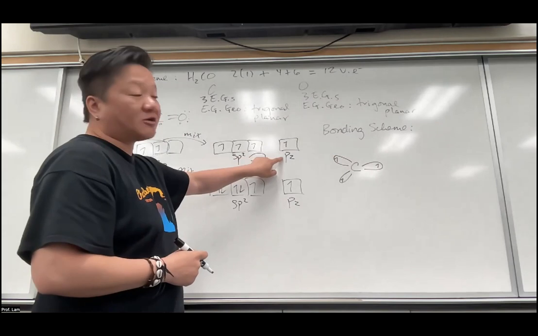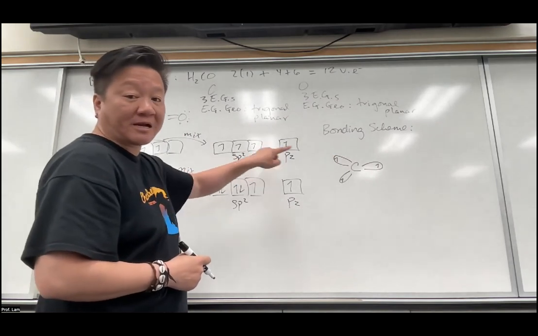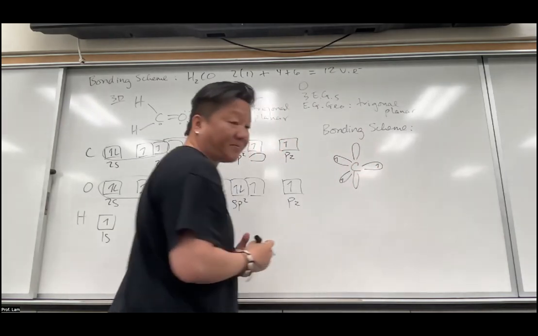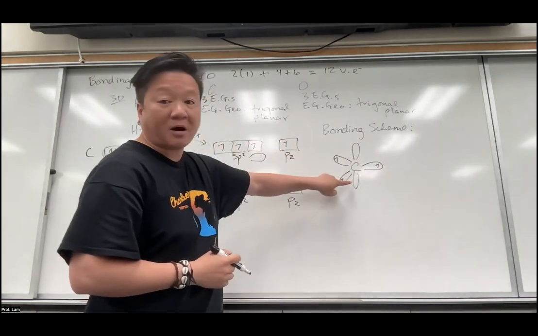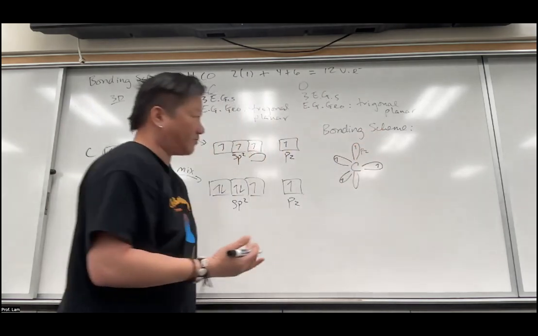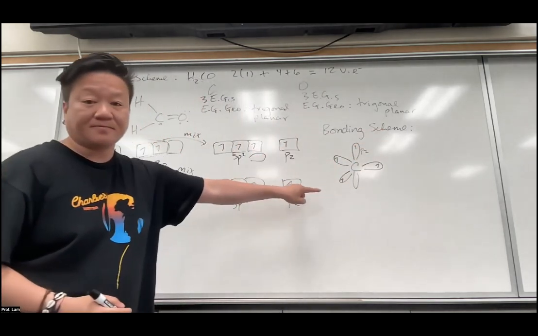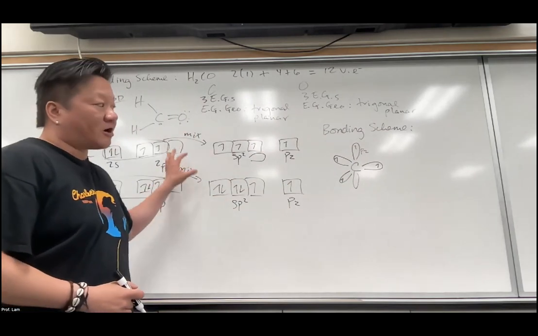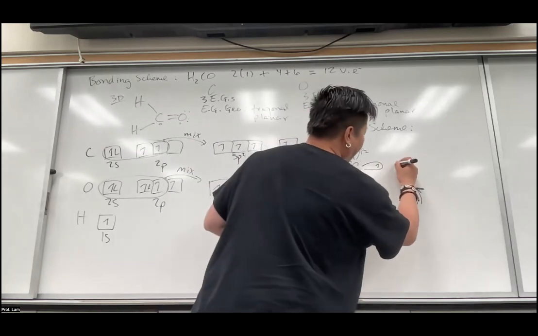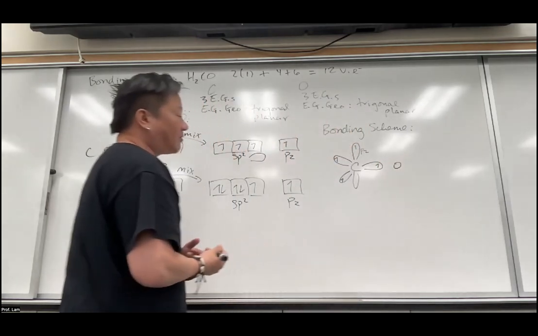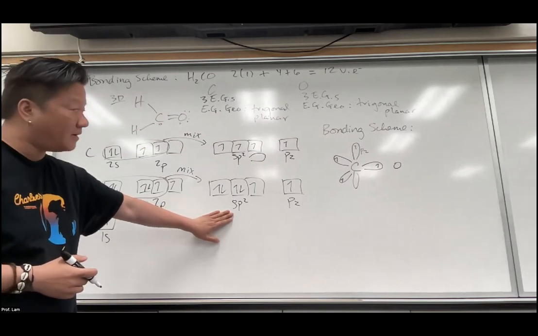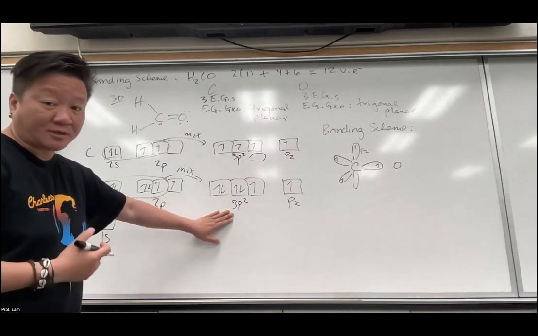Carbon also has an unhybridized pz orbital that I have to put on the bonding scheme. The p orbital is a peanut, right? It has a top lobe and a bottom lobe. So I draw it like that, and I put 1 electron in it. I'm calling that the z-axis. All right, I'm done with carbon. I'm going to do the same for oxygen. Oxygen is going to be bonded to carbon, and oxygen also has sp2 hybridization, so its geometry is also trigonal planar.